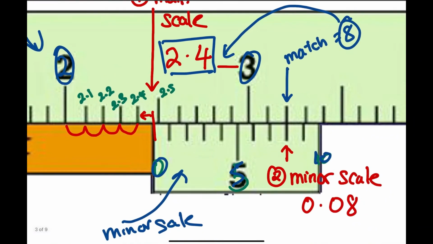My minor scale reading is the one whereby my number is aligned, which is right down here. This is the number 8. So all I do is I just attach this number 8 behind the number 4. So it's 2.48.